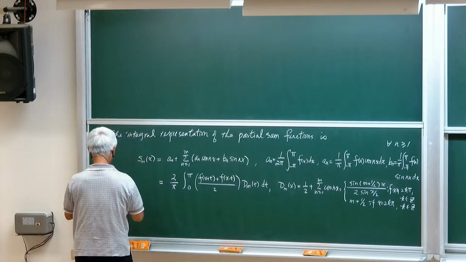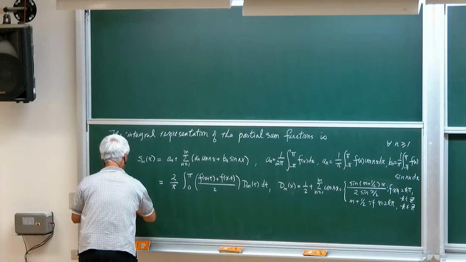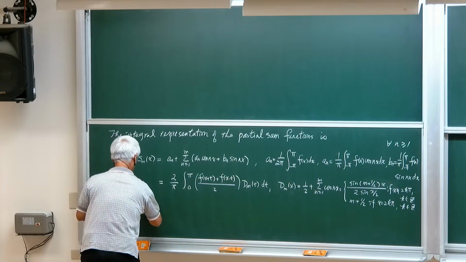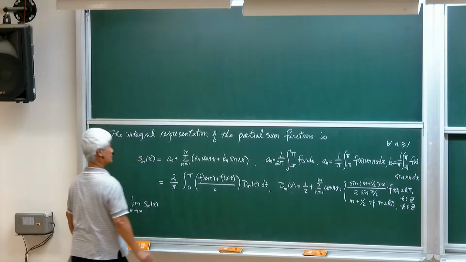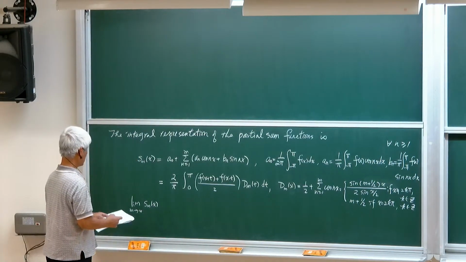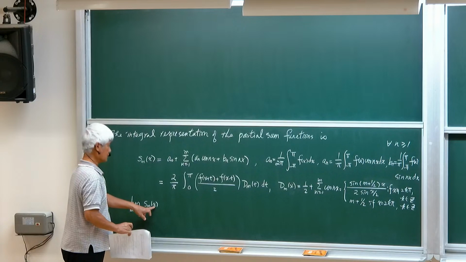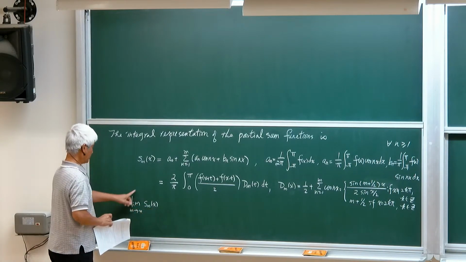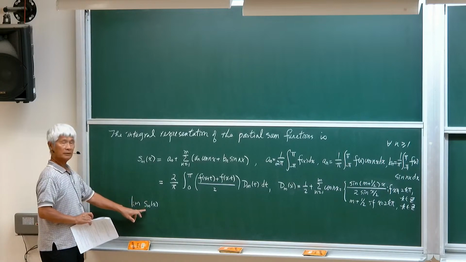and so now the limit n goes to infinity because we want to answer the convergence problem. So for a fixed x in between minus pi and pi, we want to know whether this limit exists or not.